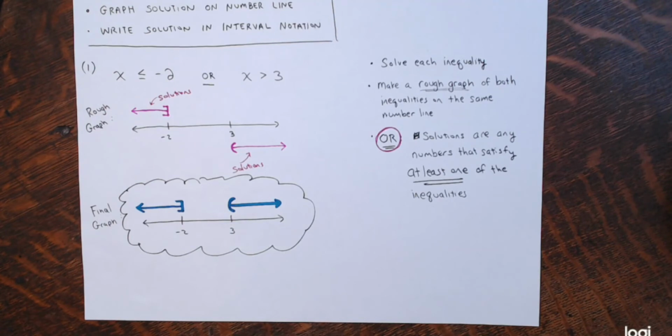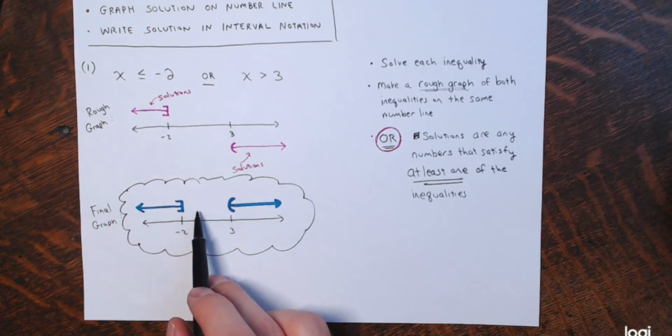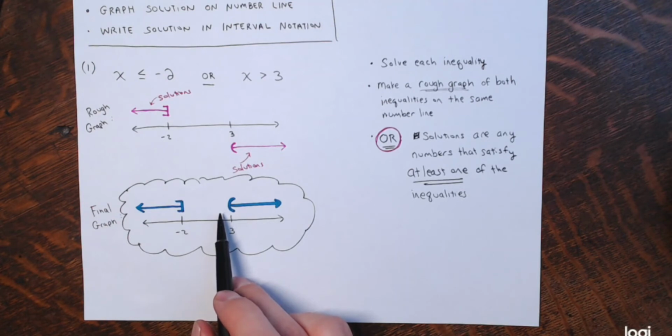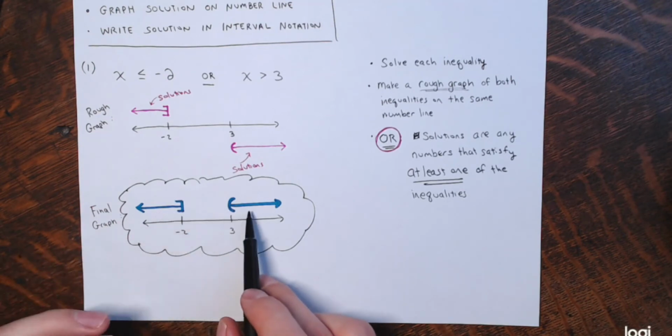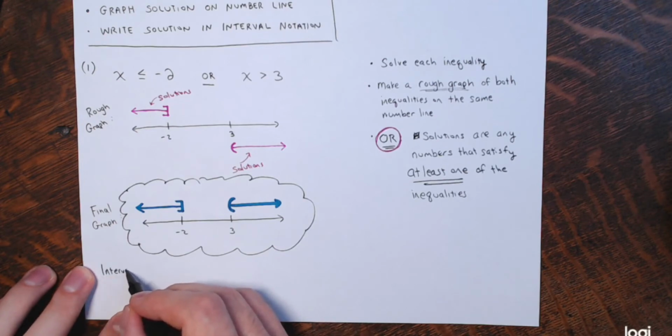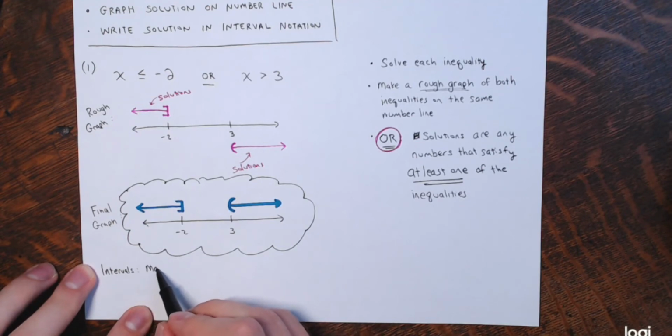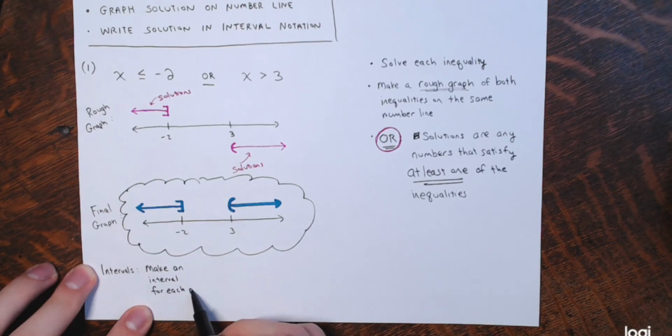Now, for interval notation, there's a break. See how there's a gap in the graph? So there are technically 2 pieces, so there are 2 intervals. When you're doing interval notation, you make an interval for each piece of the graph.